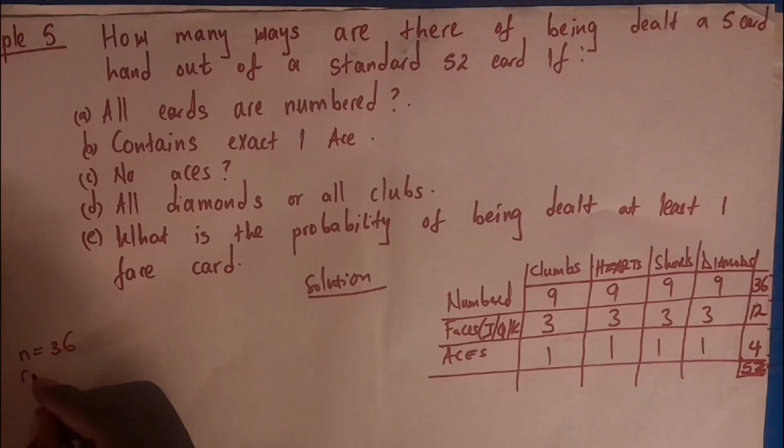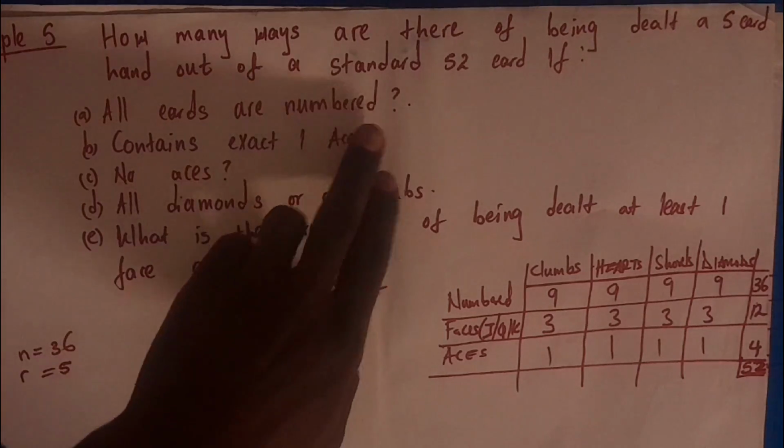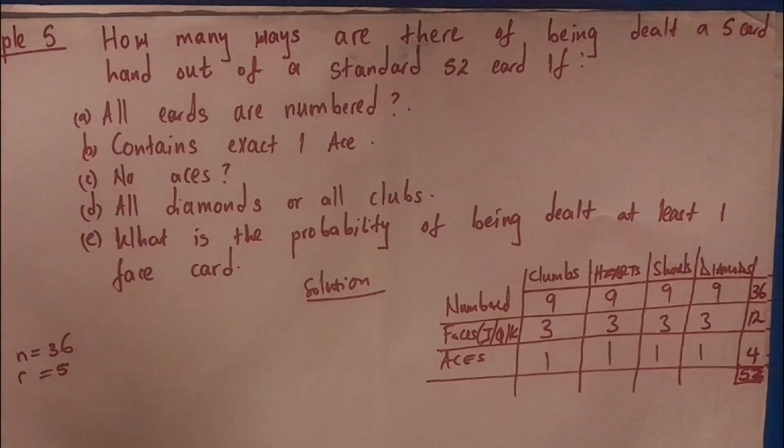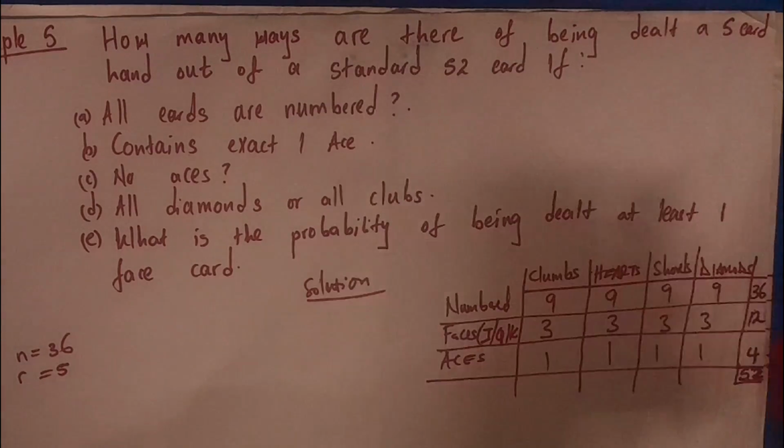And then we need to choose 5 cards. Since all cards are numbered, we are choosing 5 cards, but mainly focusing on the numbered cards only. On N, we are going to consider the total number of the numbered cards only, so the total count of the numbered cards is 36.